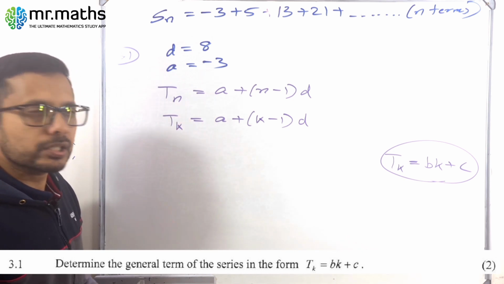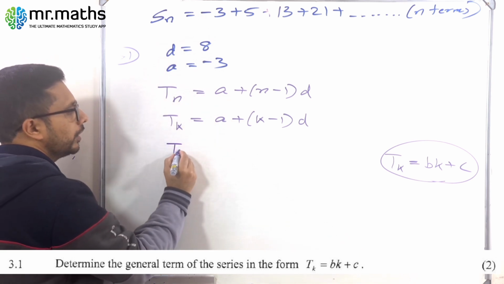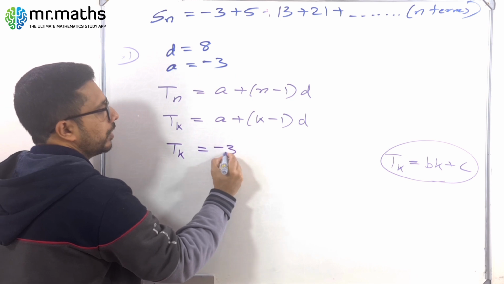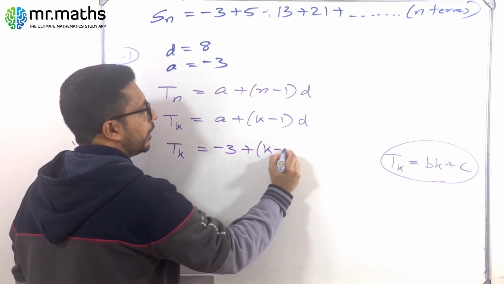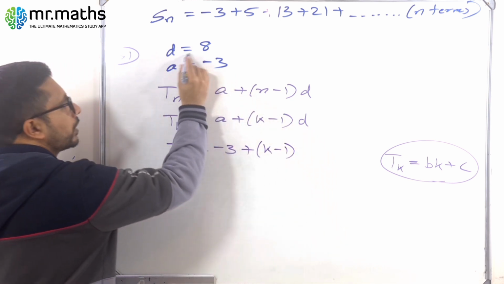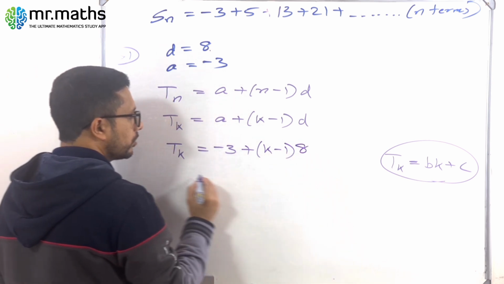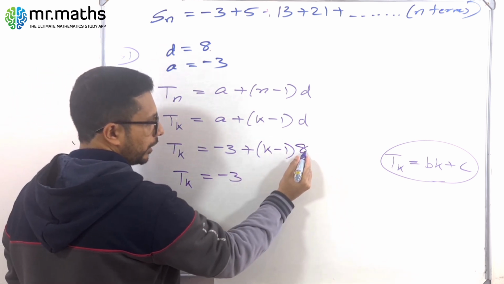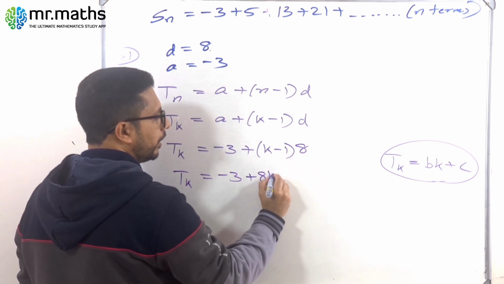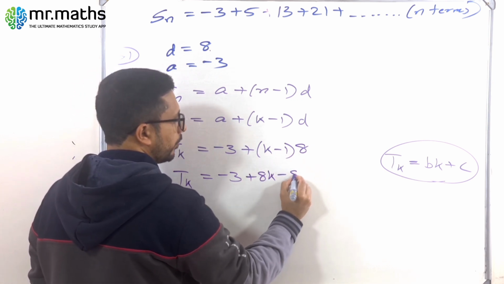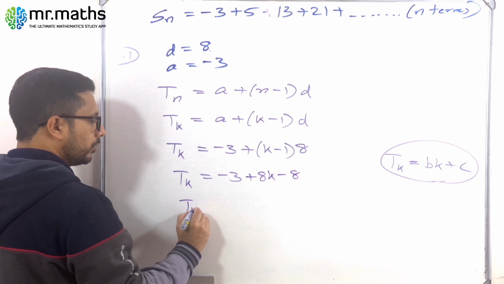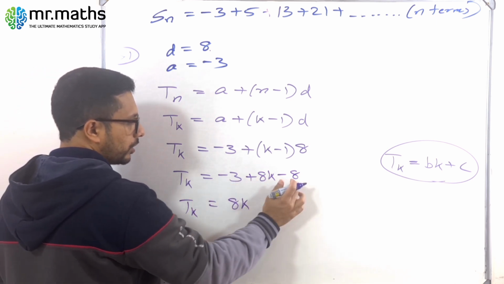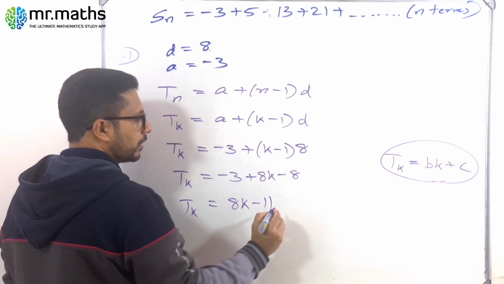Now we can substitute the values that we know. Tk is equal to a, the first term, minus 3, plus k minus 1 into the common difference, 8. Now we can expand the bracket: 8 into k is 8k, 8 into minus 1 is minus 8. So Tk is equal to 8k, minus 3 minus 8, that is minus 11.